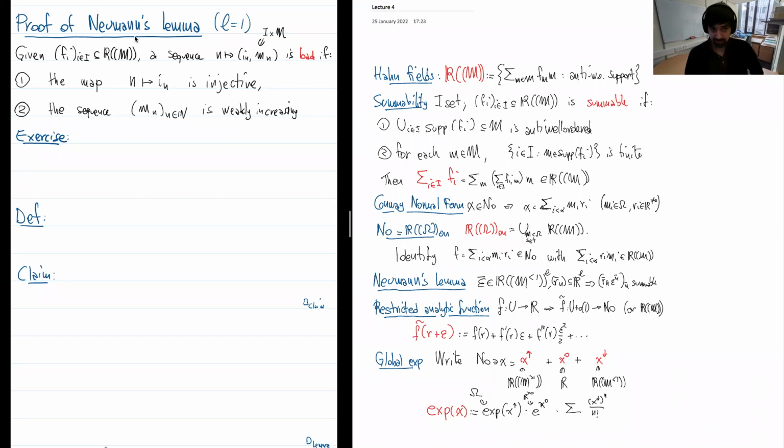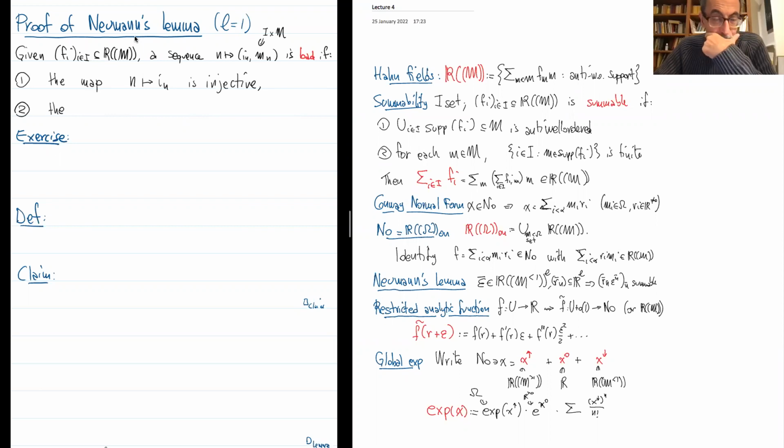Okay, why am I calling this sequence bad? Well, because we have this observation. But Vincenzo, yes, don't you want to say that Mn belongs to the support of something? Oh, I was forgetting an important piece of information.